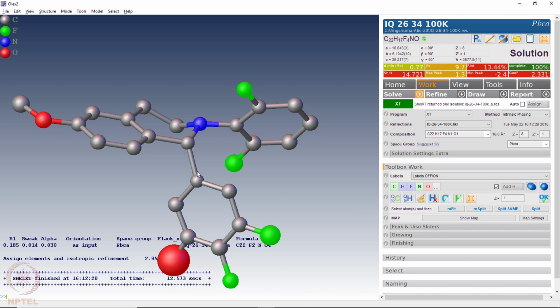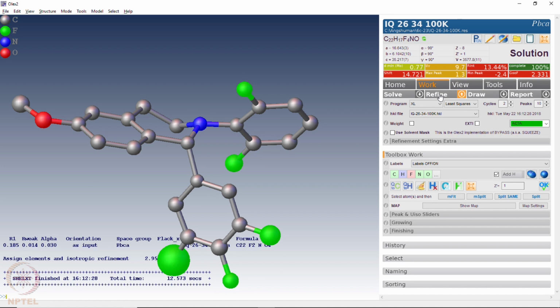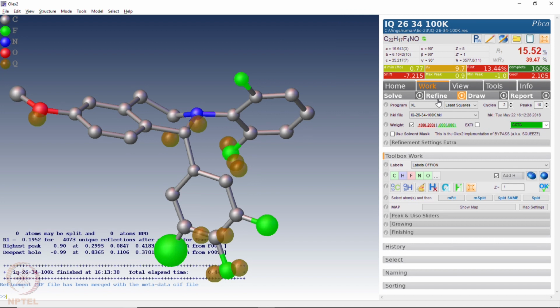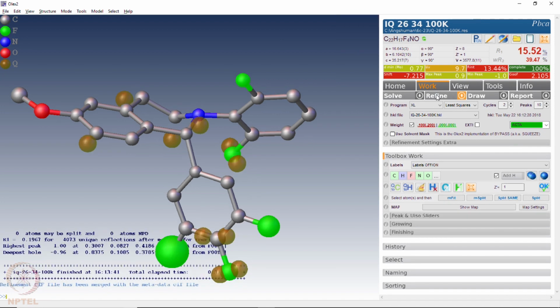But now, since we know that there is no oxygen here, what can happen is that this particular fluorine, because of a rotation about this particular C-C bond by 180 degrees, can appear here. So we write that also as fluorine and carry out the structure refinement as usual, and try to reach convergence.